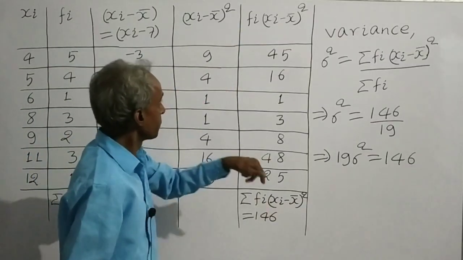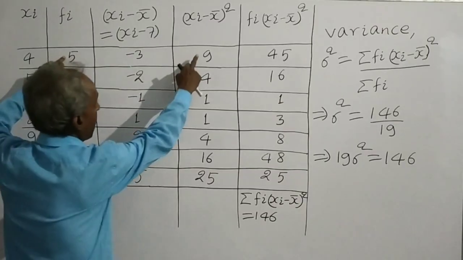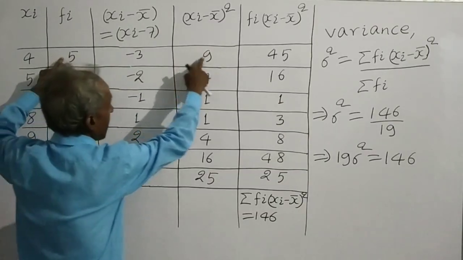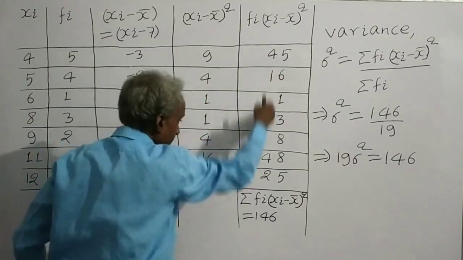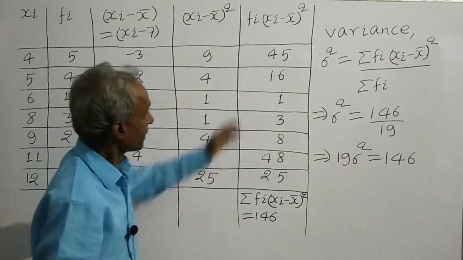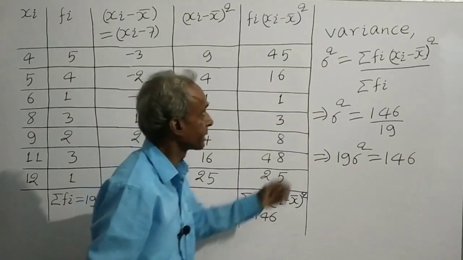In the next column we write the numbers after multiplying the numbers in the previous two columns: 5 times 9 is 45, 4 times 4 is 16, in this way. Now we add all these numbers and get 146.